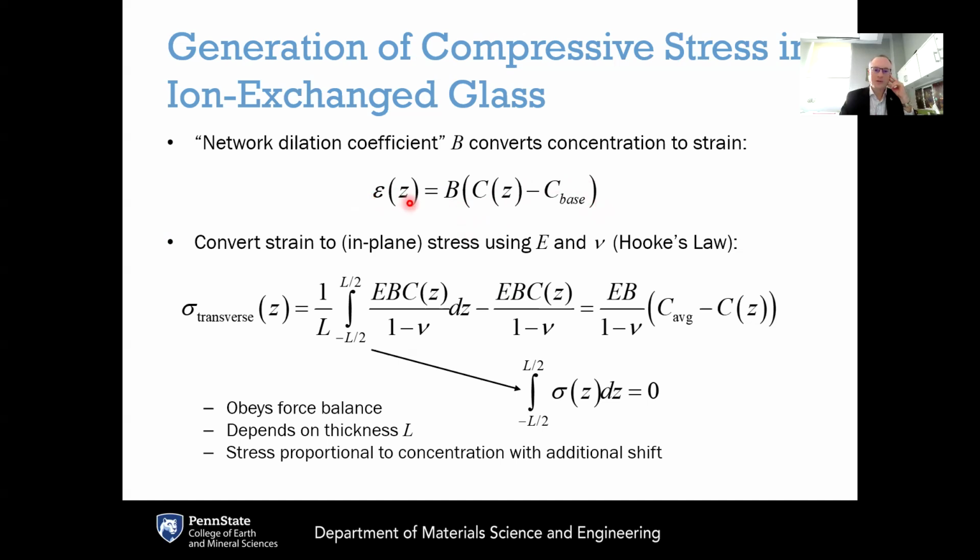Now, this strain profile gets converted to a stress profile, and if it is a planar geometry here, the strain profile gets converted into a stress profile by multiplying by the Young's modulus over 1 minus the Poisson's ratio.